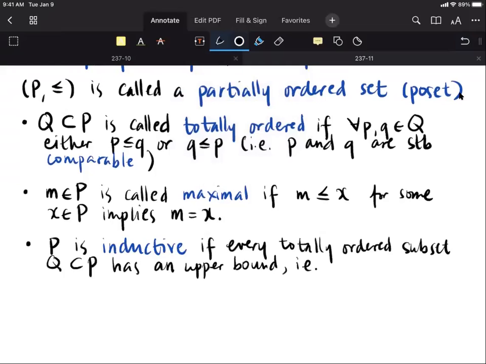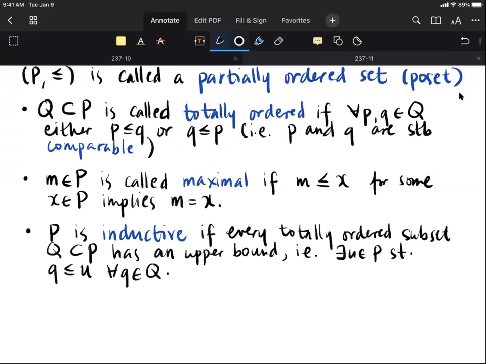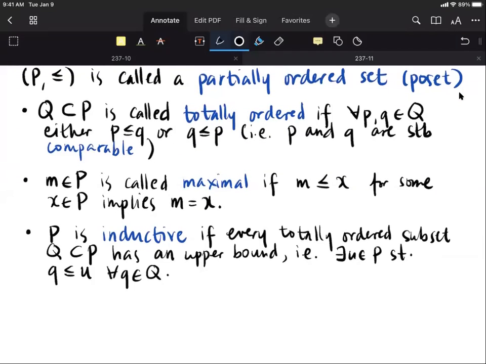This means that one can find a U in P such that q is less than or equal to U for any q in capital Q. So U here is the upper bound for Q.